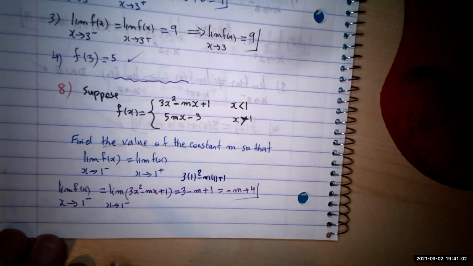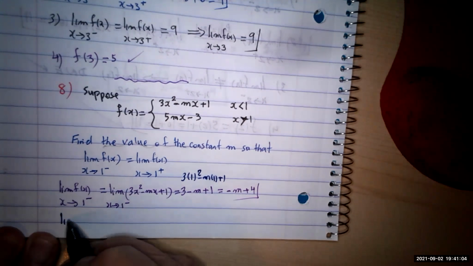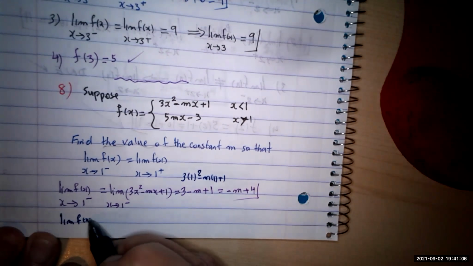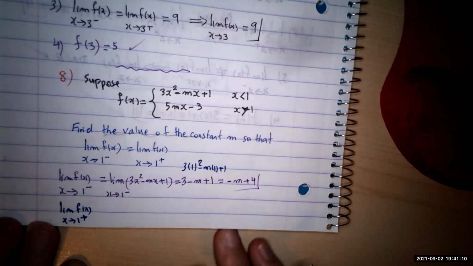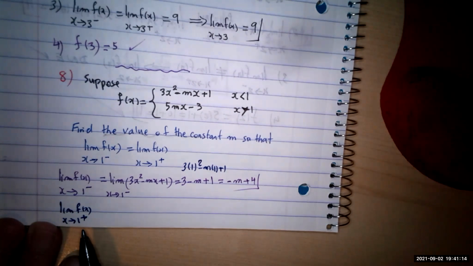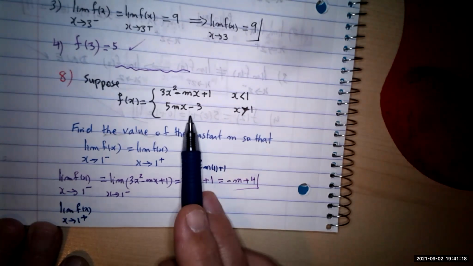Find the right one. What's the right one? Limit of f of x as x goes to 1 positive. X goes to 1 positive means x is bigger than 1. When it's greater than 1, the function to be used is the second part.